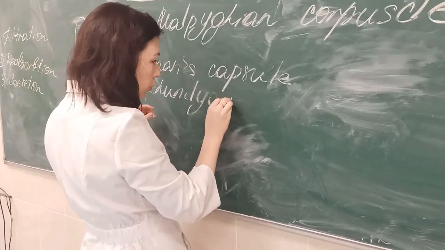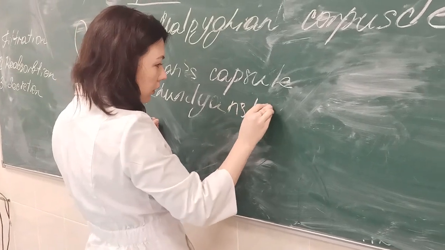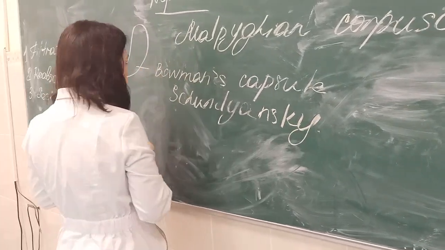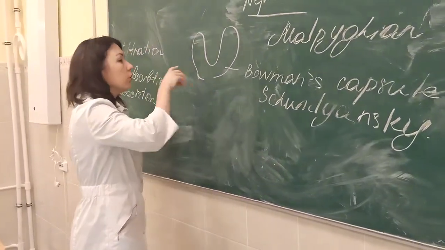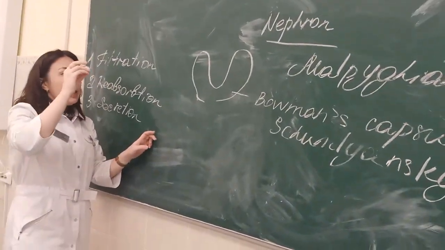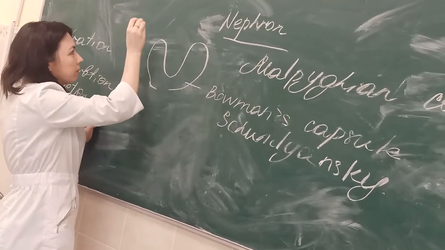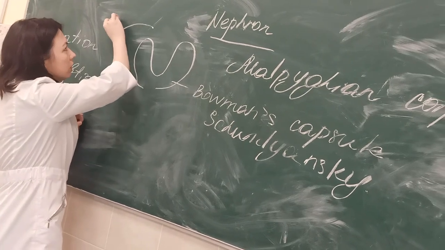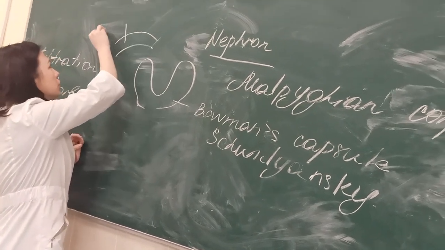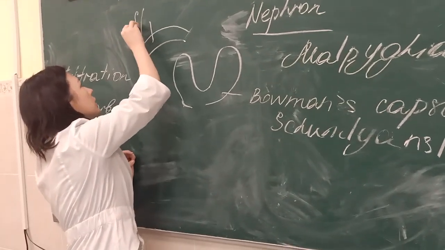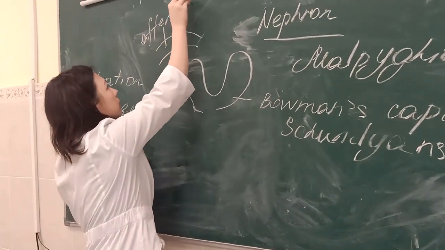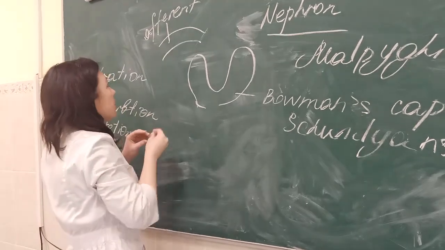But in English textbooks it happens very often that Russian names are forgotten. I don't know why. So this is Bowman's capsule. And to Bowman's capsule, capillaries come. This is the afferent arteriole, the arteriole that brings blood.